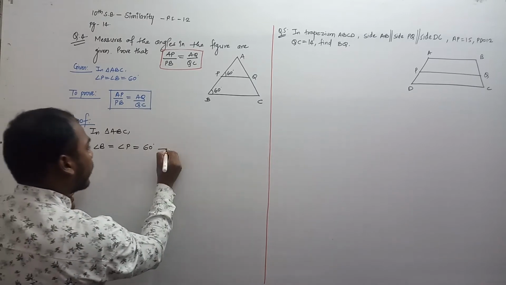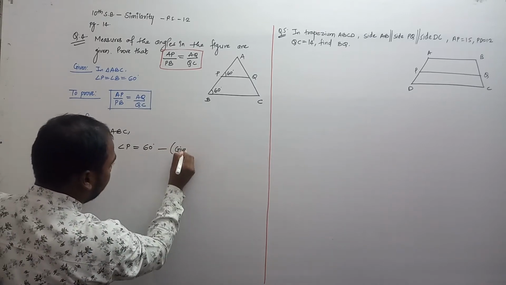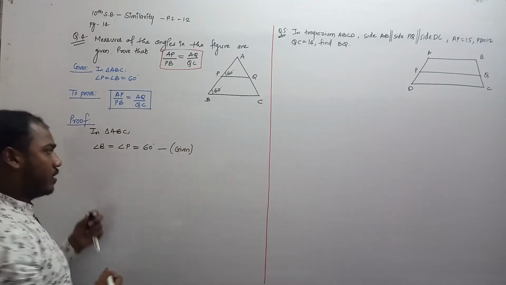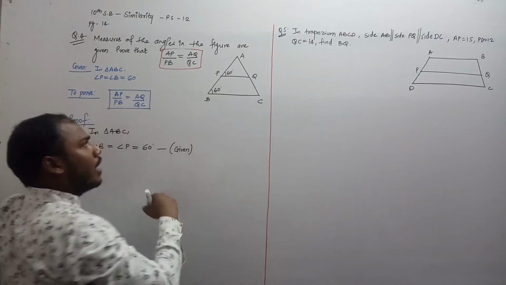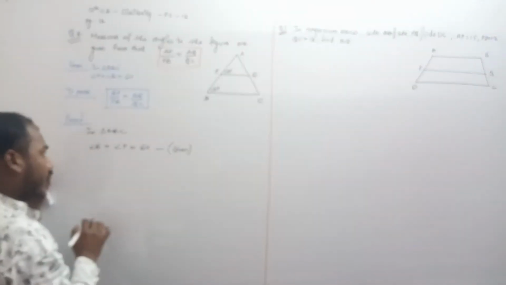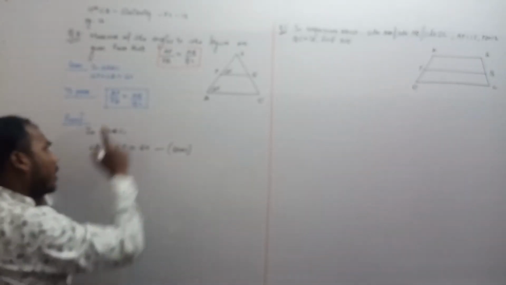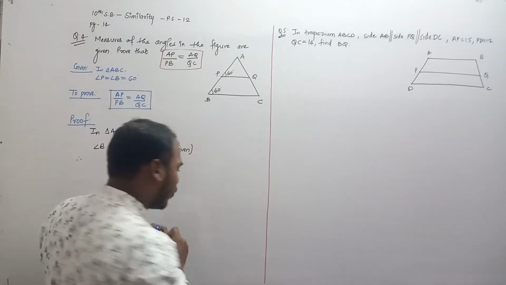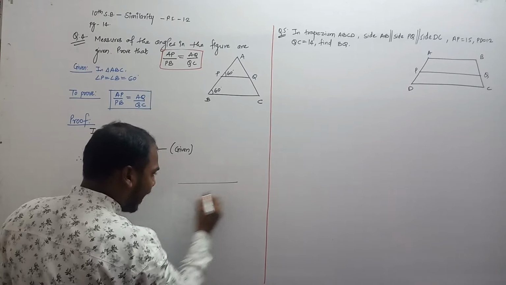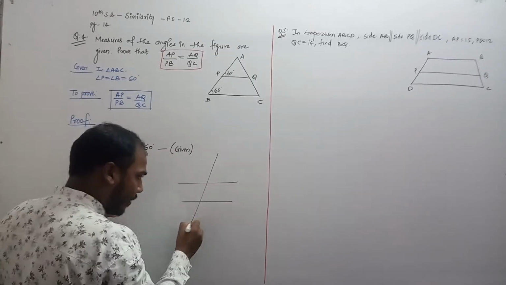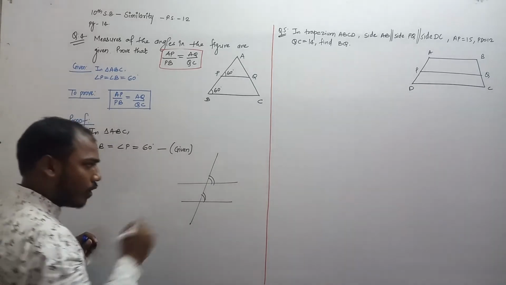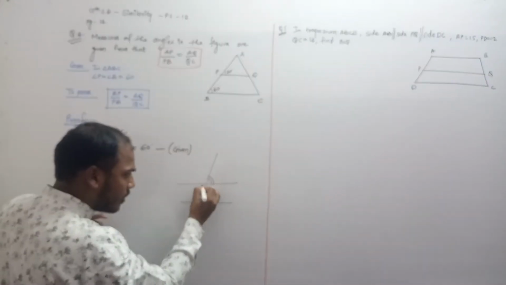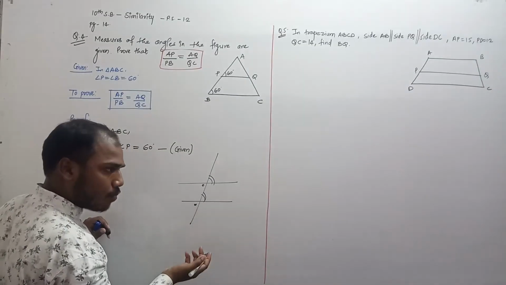These two angles are equal, and the reason is given. Therefore these two angles are equal by the property of the corresponding angles. We know the meaning of corresponding: if we have two parallel lines and one transversal, these two angles are equal, and this is known as corresponding angles. Similarly, this angle is equal to this one because of corresponding angles.